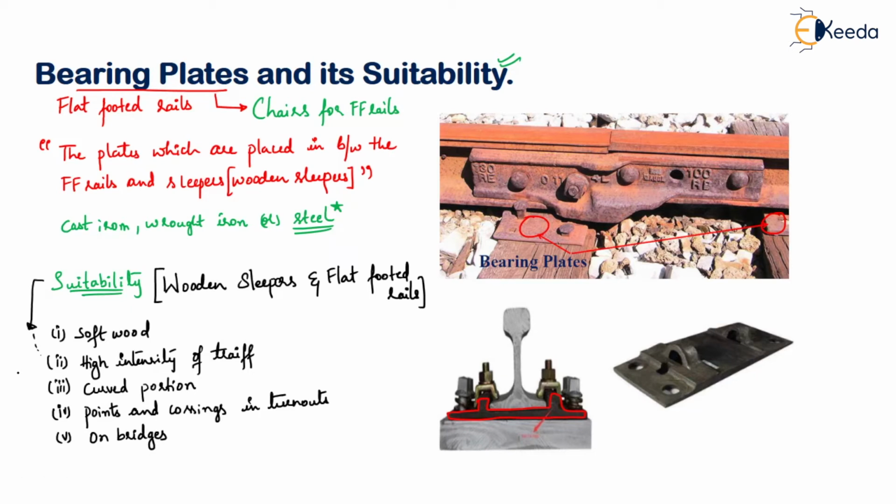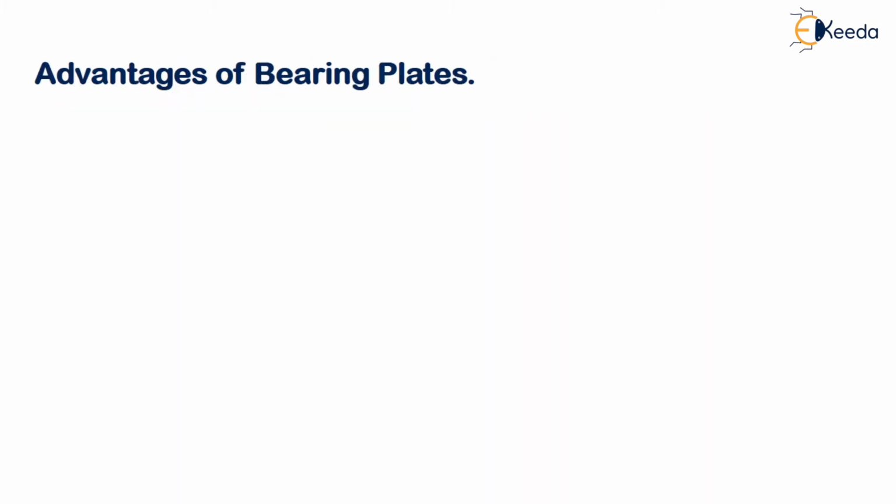Now, there are certain advantages of using this bearing plate and also certain disadvantages. Let us see one by one what are the advantages first. The first advantage is these plates will distribute the load which is coming onto the rail onto a very large area of the sleeper, and hence it will prevent the sinking of rail into the soft wooden sleeper.